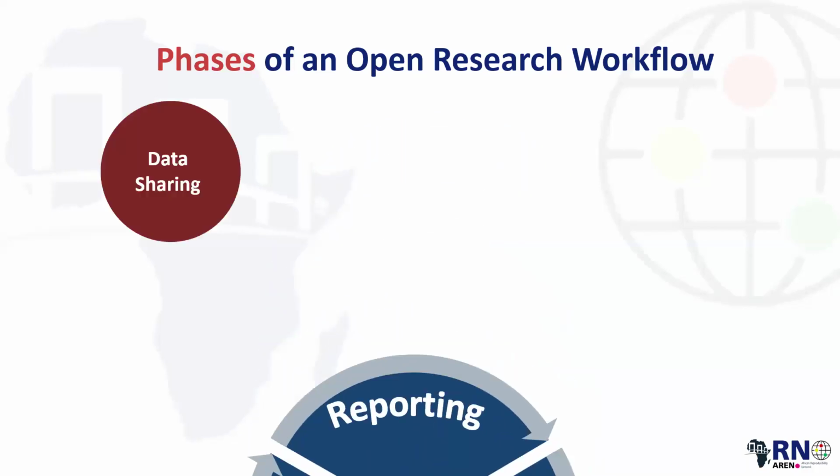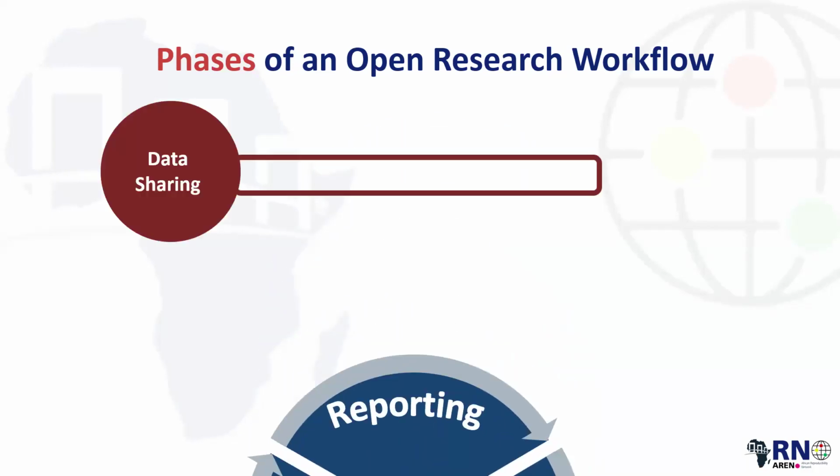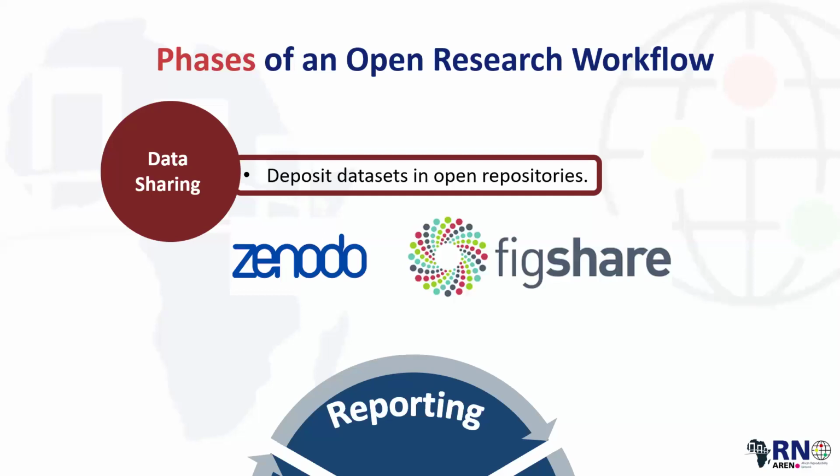We can do this by going by open data sharing, where we can submit the data on open repositories, and there are a lot of them out there. It could be an institutional repository, it could be a platform like Africa Archive, which is open and free. It could be other platforms like Zenodo and Figshare, which are also easily accessible. When you are considering this, you have to ensure storage, whether these platforms are reliable and sustainable, that your data will be there for as long as possible.